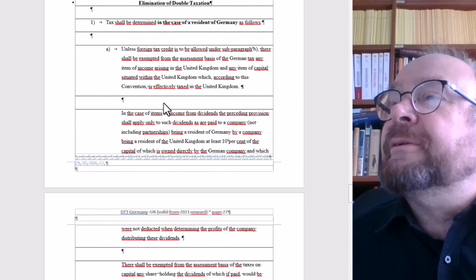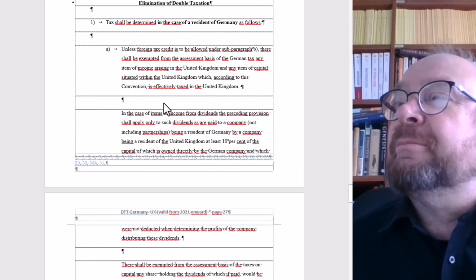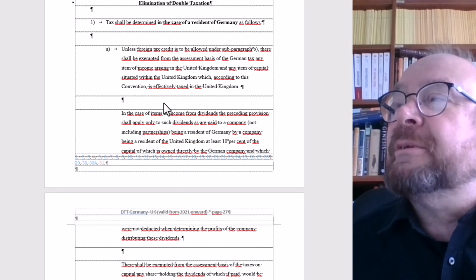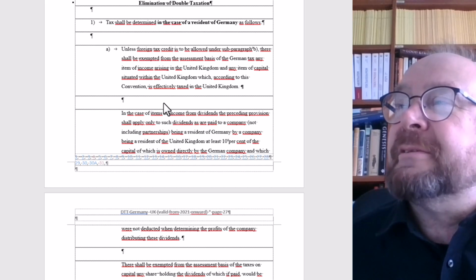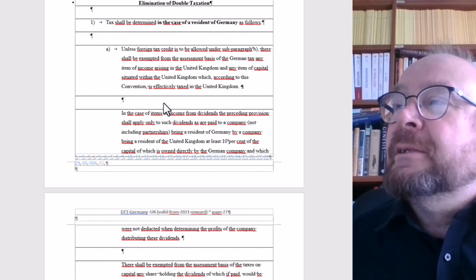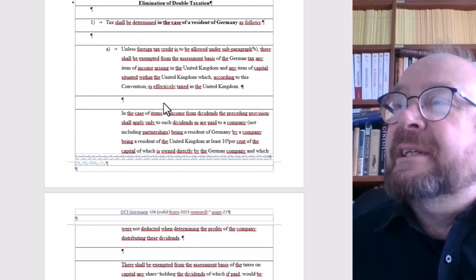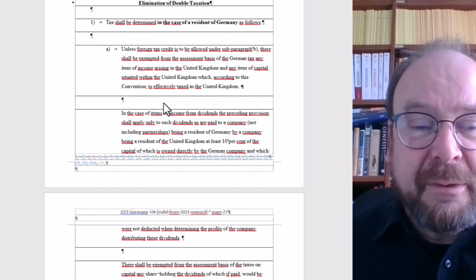So unless foreign tax credit is to be allowed under paragraph B, subparagraph B, there shall be exempted the income from the assessment basis of the German tax, which is effectively taxed in the UK.